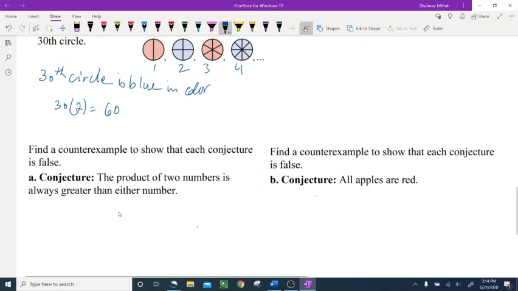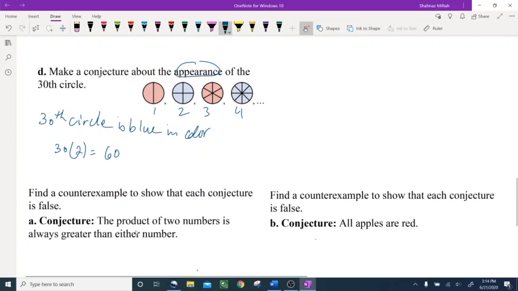Let's figure out what they are talking about. The counterexample. What is a counterexample?